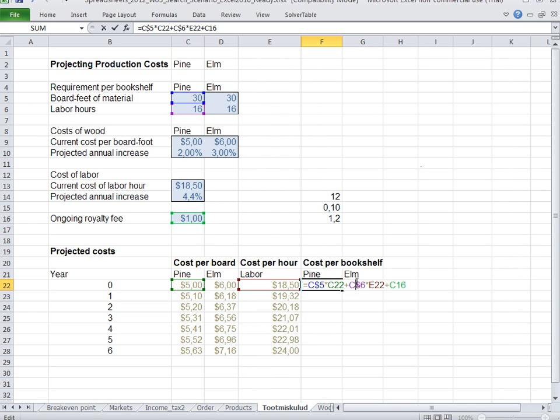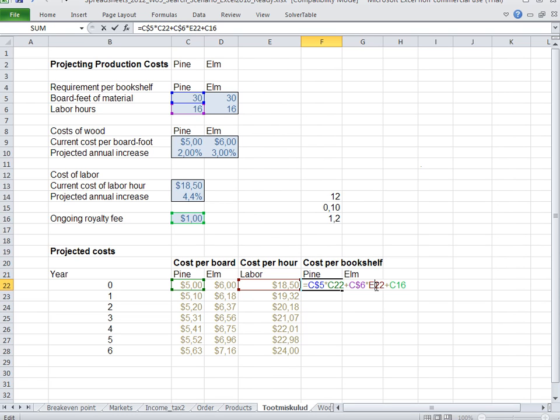And now E22. E22 is the number that takes the labor cost into account. It will no doubt have to move up and down because the labor costs are different from year to year.